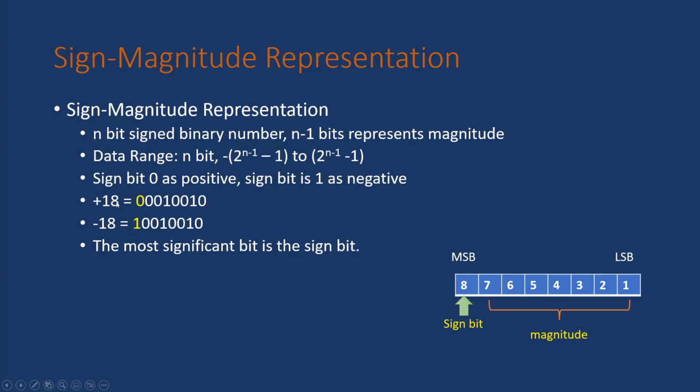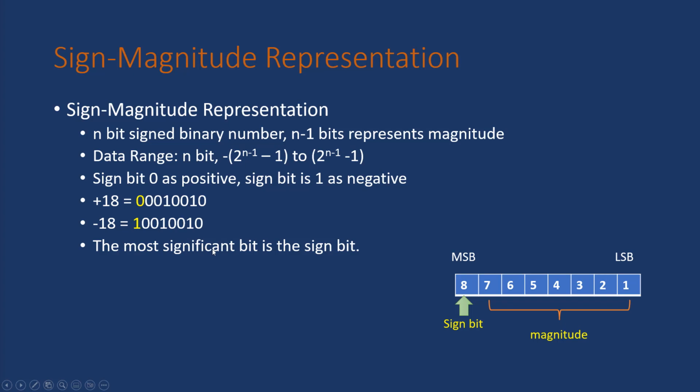If it is positive 18, the most significant bit is 0, representing a positive number. If it is negative 18, the most significant bit is 1, representing a negative number. The rest of the binary data is exactly the same.